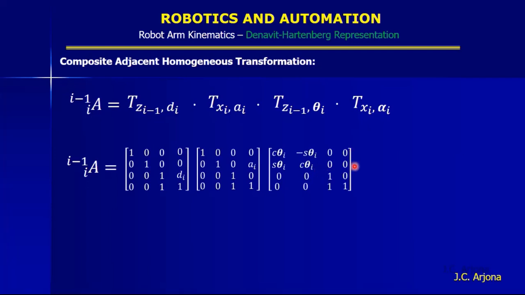And since there's a rotation, we have an angle about the zi minus 1 axis. So this is the rotation about zi minus 1, and no prismatic because this is rotation only. And here, rotation about the xi axis, so we have this rotation and no prismatic. So this is the equation for the composite adjacent homogeneous transformation.